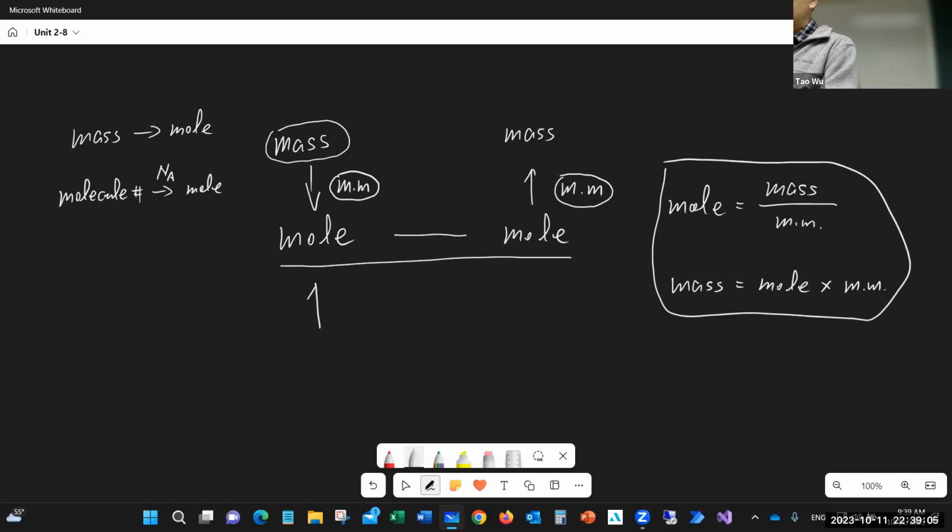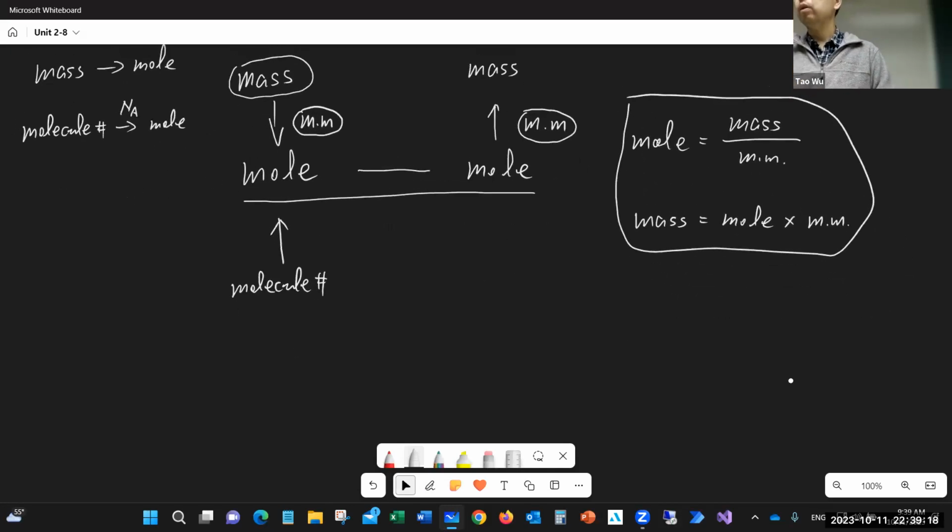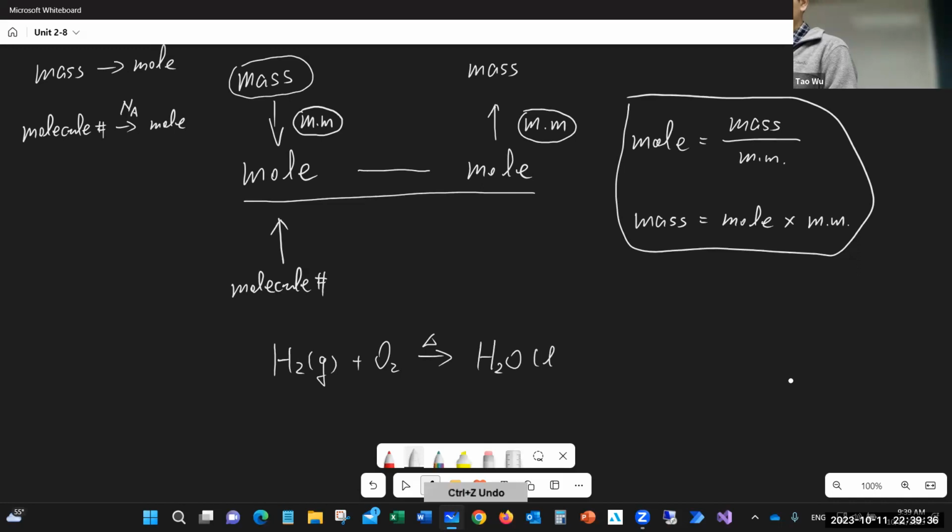So that's why there's another variation, which is I tell you the number of molecules for these reactions, and then you try to figure out how many molecules of the others can be generated. For example, I have hydrogen gas react with oxygen gas. Then after the lightning ignition, we're going to generate water vapor.